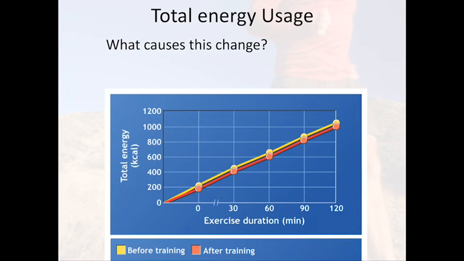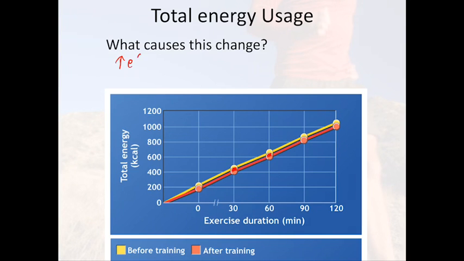All right. So another related but different concept is just overall total energy usage during exercise. And this is not a huge change. So these dots are very, very close to each other, right? So if anything, we get a little bit more efficient.